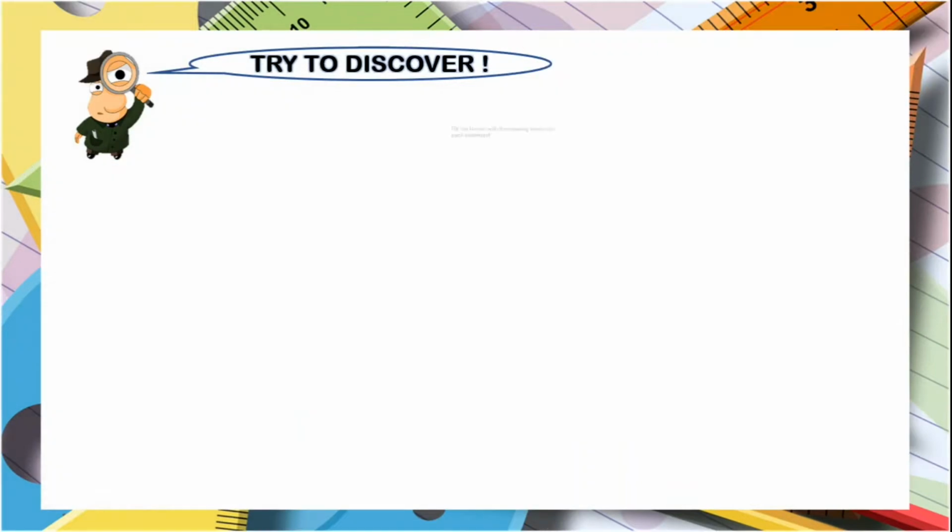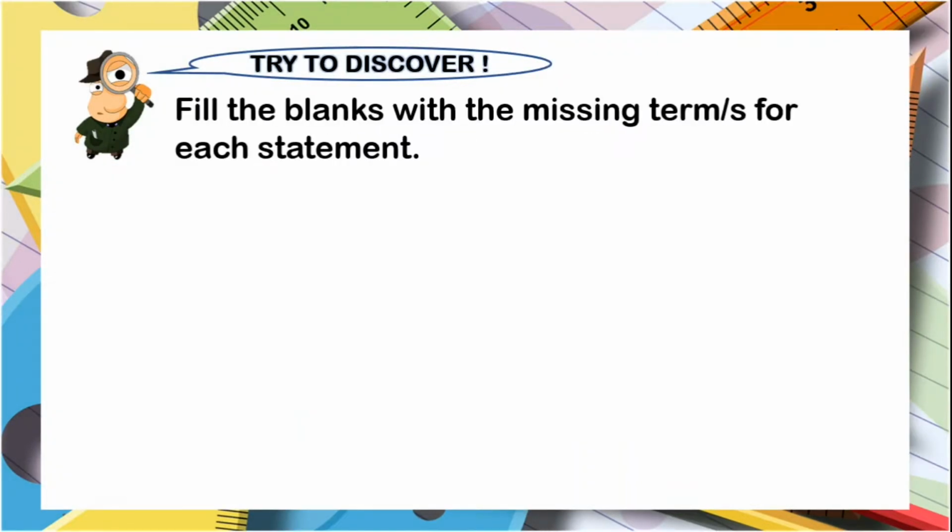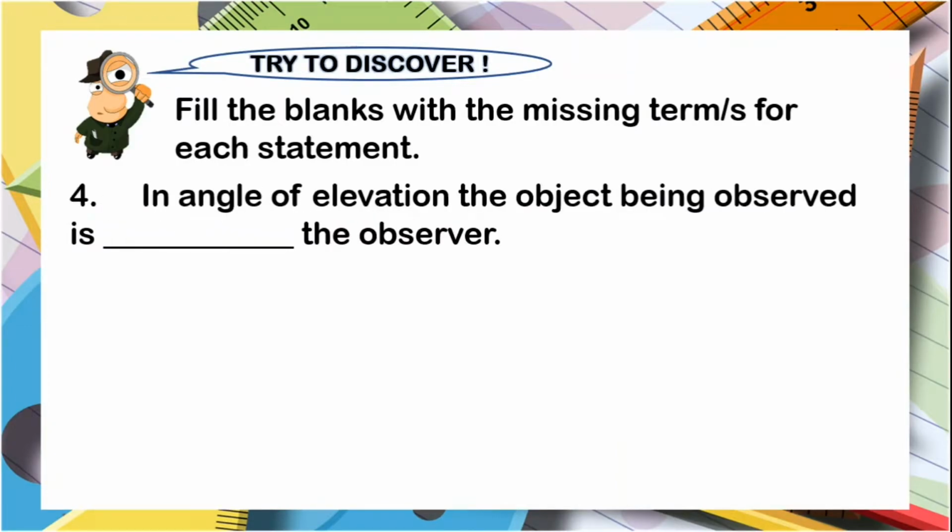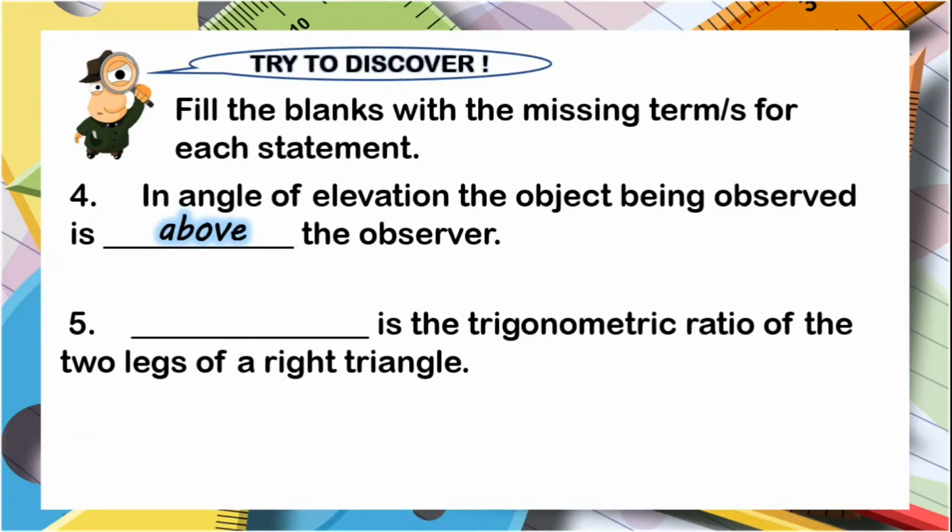Let's proceed to number 4. In angle of elevation, the object being observed is blank, the observer. What do you think will be the answer? If your answer is above, you got the correct answer. And for the last number, blank is the trigonometric ratio of two legs of a right triangle.